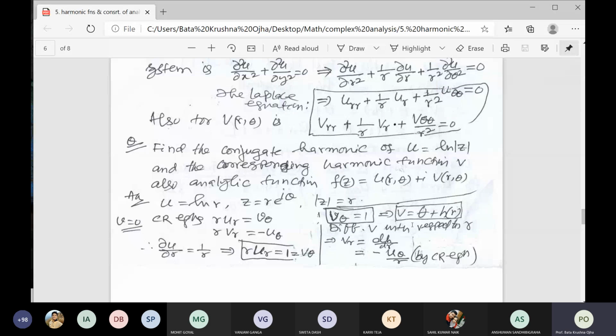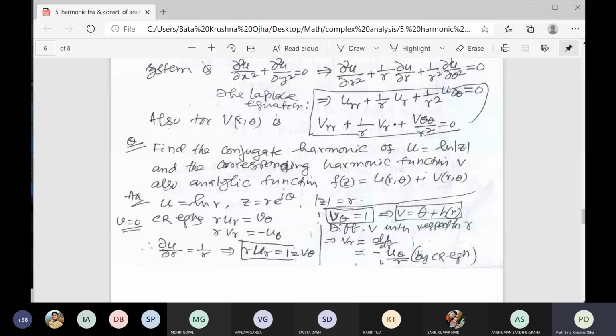So del v by del r is equal to, since we differentiate with respect to r, the theta term is 0, only dh by dr. So what is v_r? v_r is equal to minus u_theta by r by the Cauchy-Riemann equations.